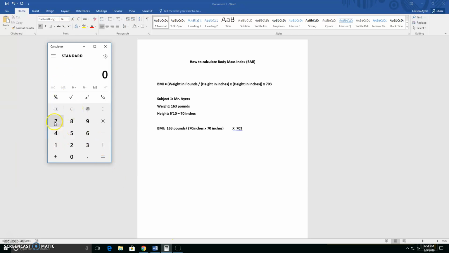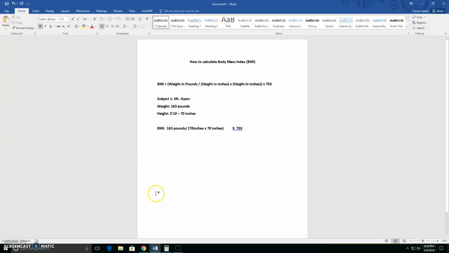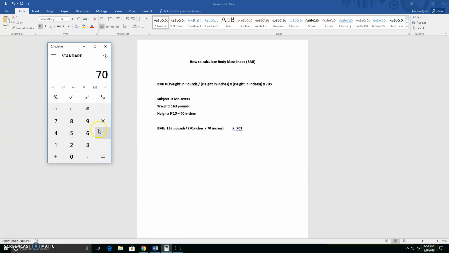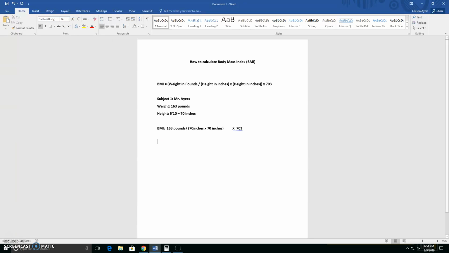So let's calculate the first part in our parentheses, which is 70 times 70. So we get 4900. So we now know that 163 will need to be divided by 4900, and then that number will be multiplied by 703.